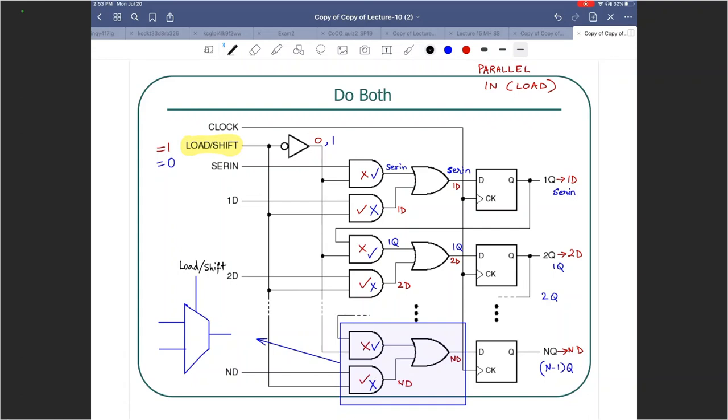When load/shift is 0, what are we doing? It's the one in the blue, right? When it is 0, your output is the serial in. And over here you have the D input.